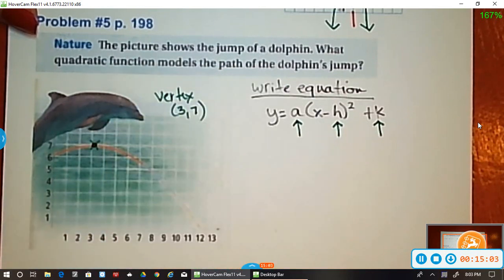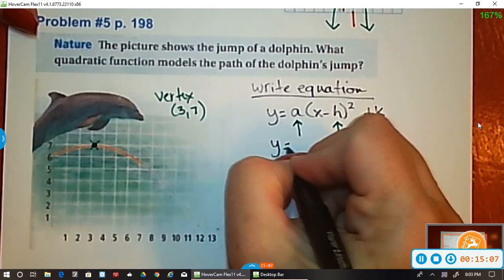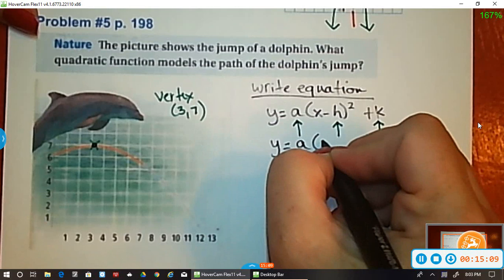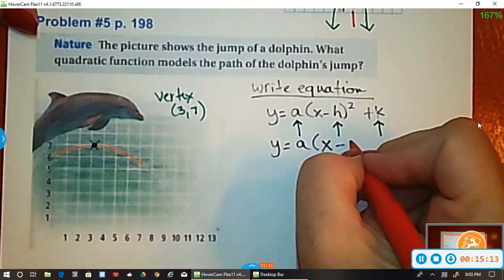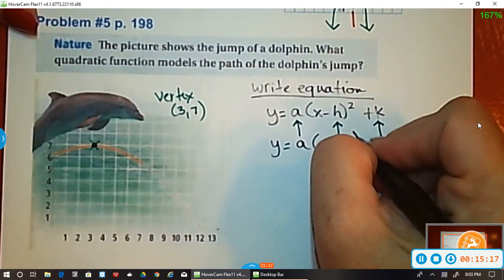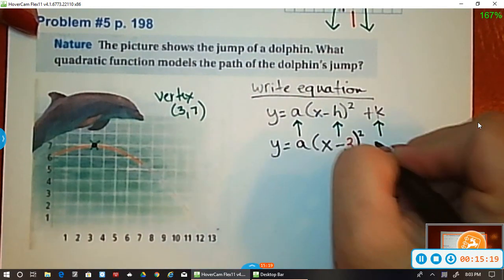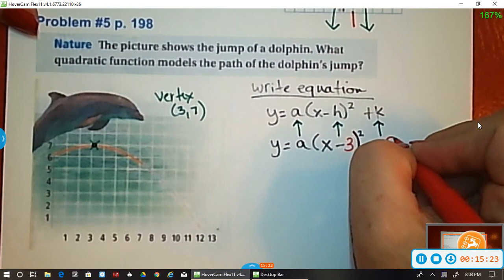So I'm going to go ahead and plug that in. So I've got y equals a times (x minus 3) squared plus 7, where my h value is 3 and my k value is 7.